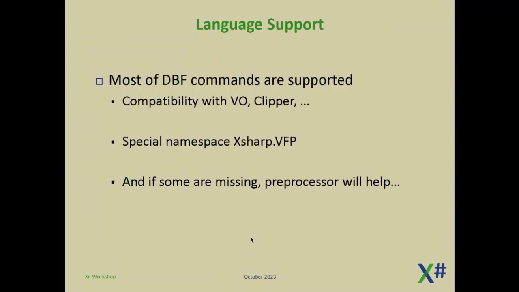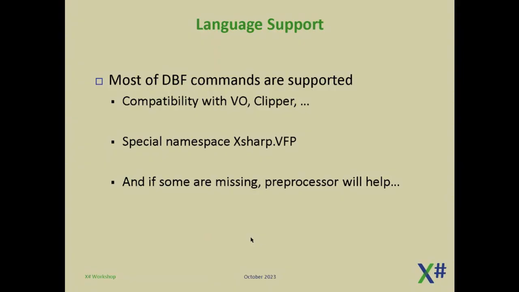We have, as far as I know, implemented most of the FoxPro commands, but there may be things that are not working. Like I said in my vendor session, we use a preprocessor, and a preprocessor is basically a kind of regular expression search and replace on steroids. So it can recognize, for example, expressions.